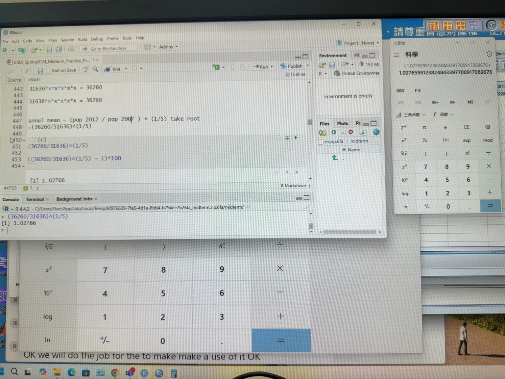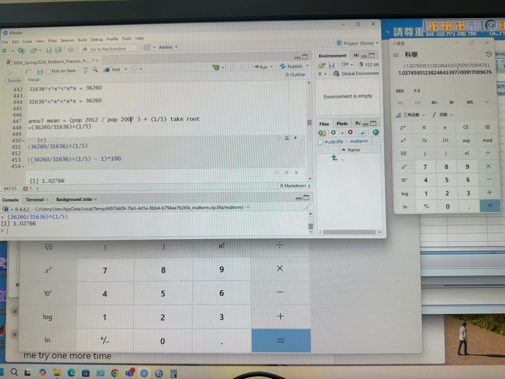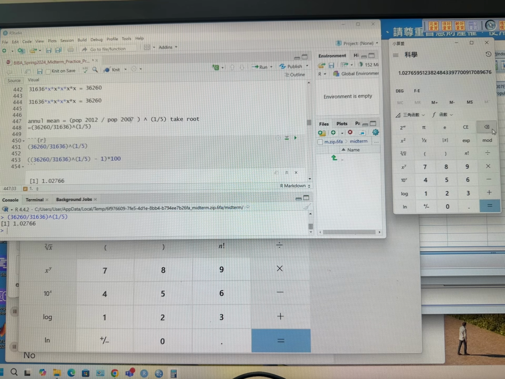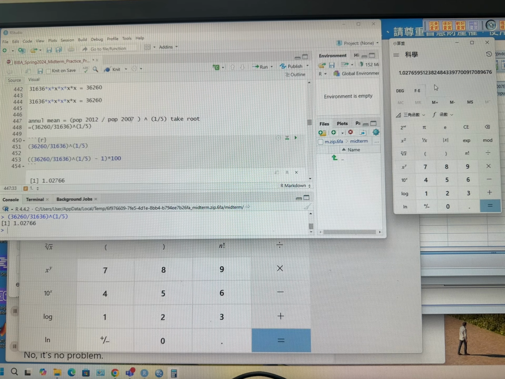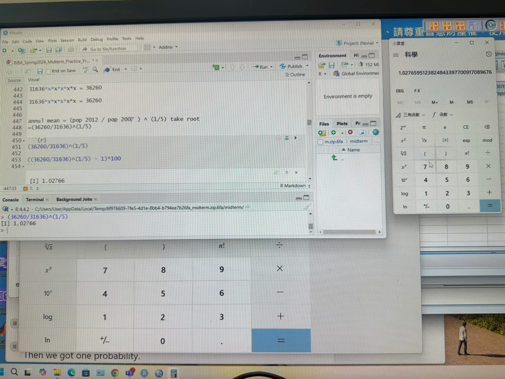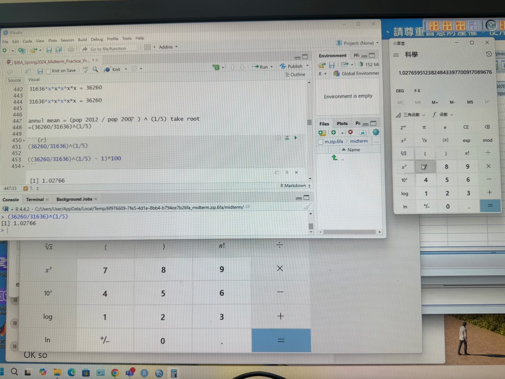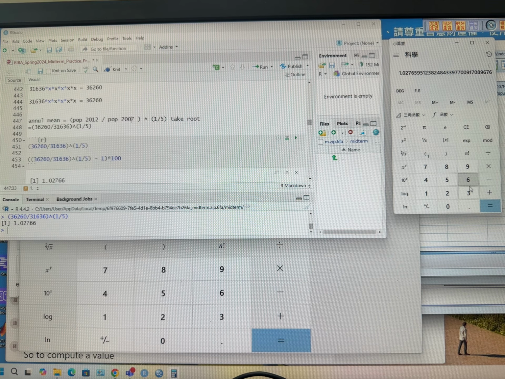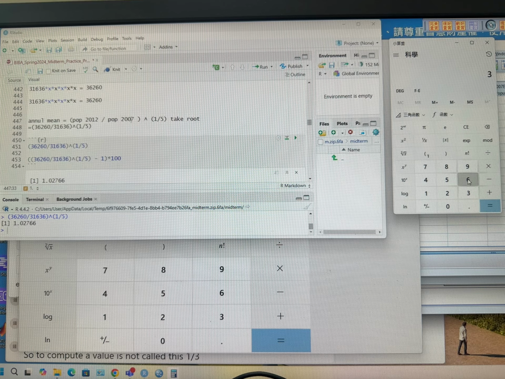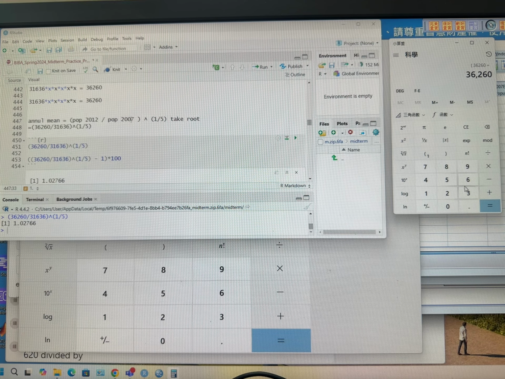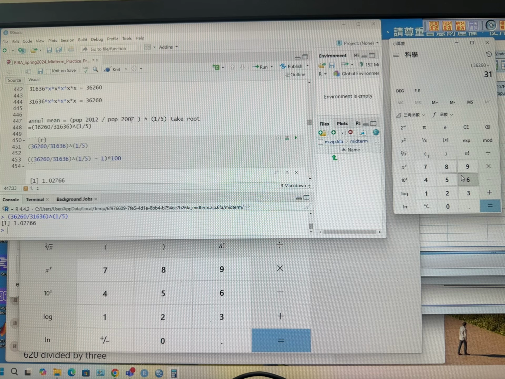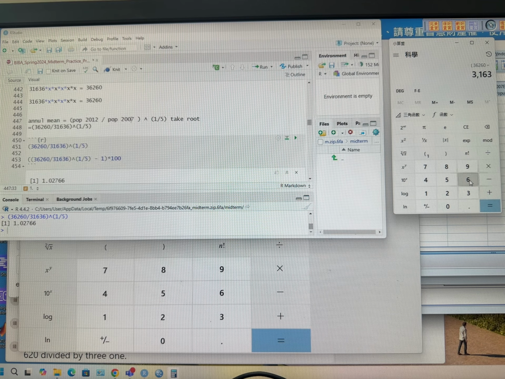Okay, so let me try one more time. Yeah, there's no problem. Okay, so to compute the value, make this one 36260 divided by 31636.